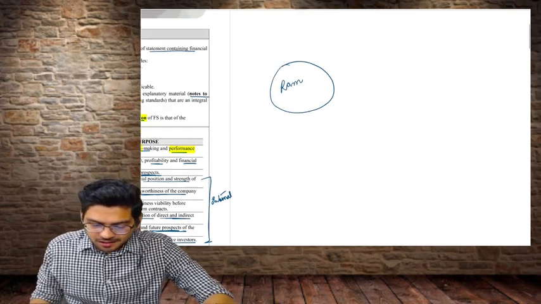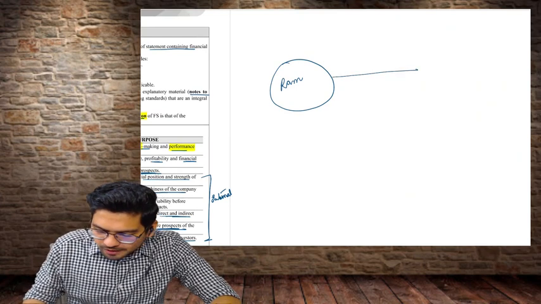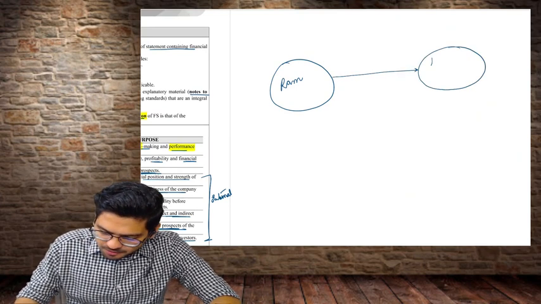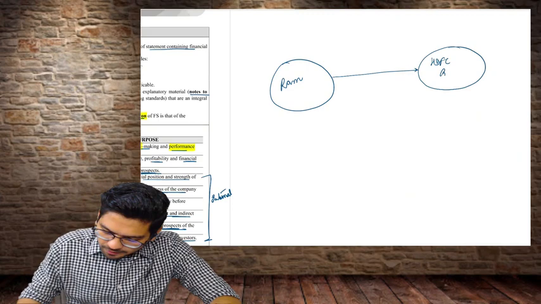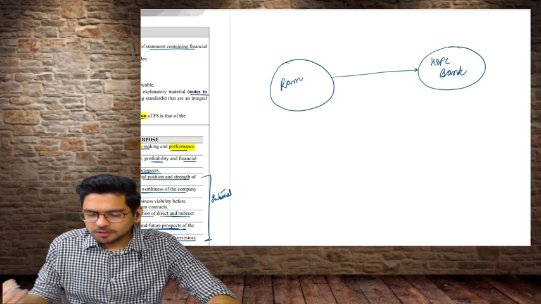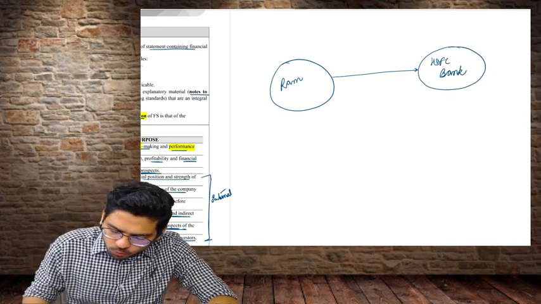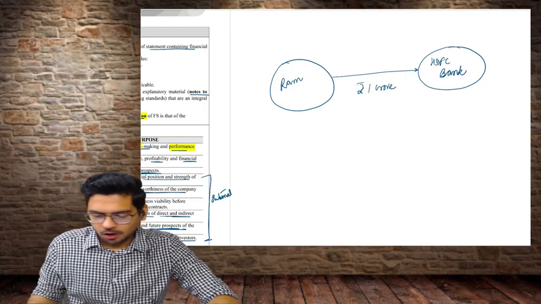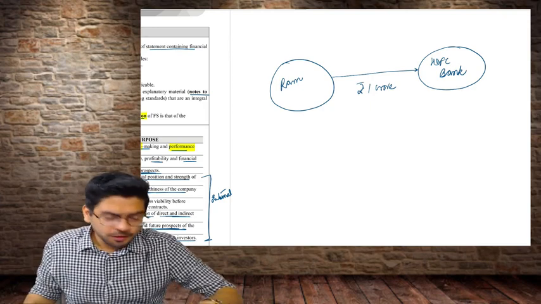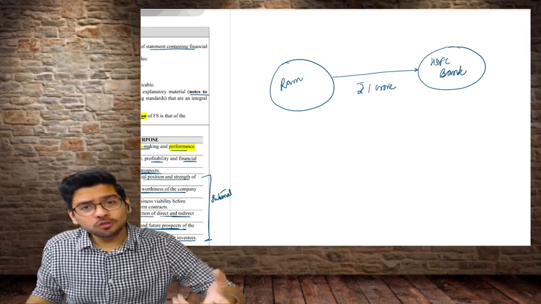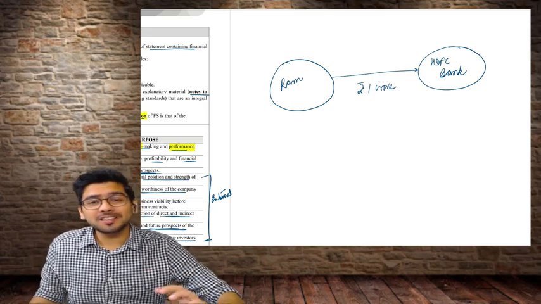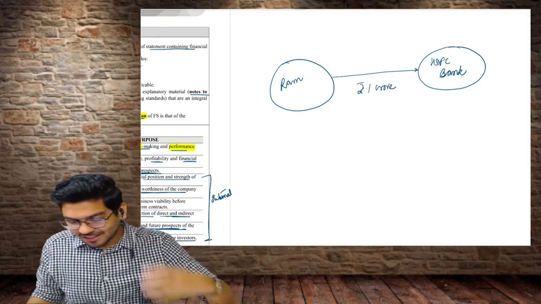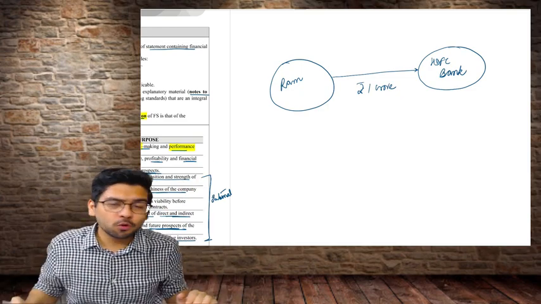This person goes to a bank, let's say HDFC Bank, and wants a loan of, let's say, rupees 1 crore. He goes to the branch, he talks to the branch manager, and the branch manager tells him all the requirements that he needs to fulfill in order to avail the loan of 1 crore.